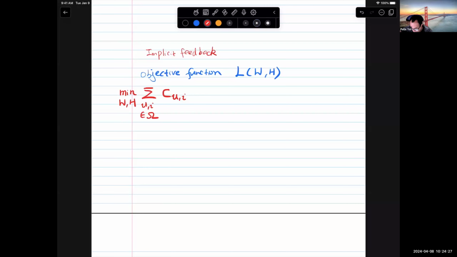Then my PUI minus WU HI transpose. This is the same. So the difference is I have some CUI as a confidence. Plus the Frobenius norm regularization of this, right?